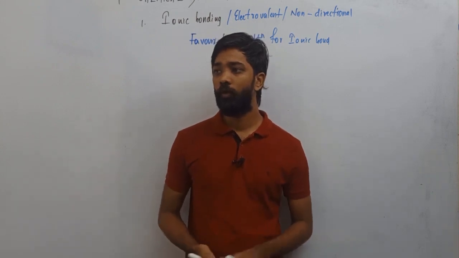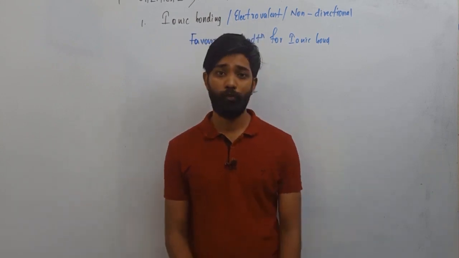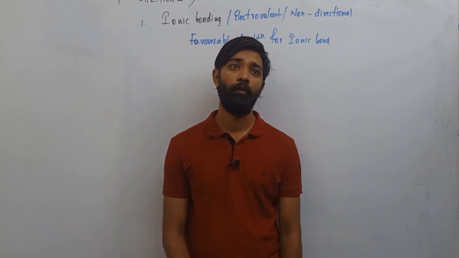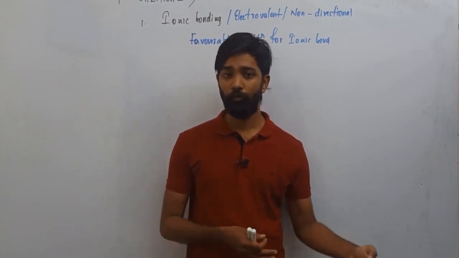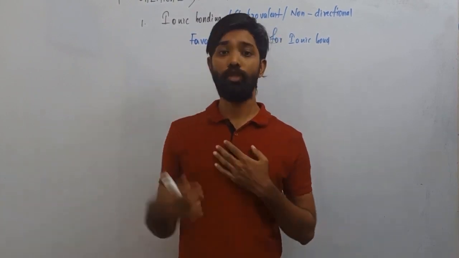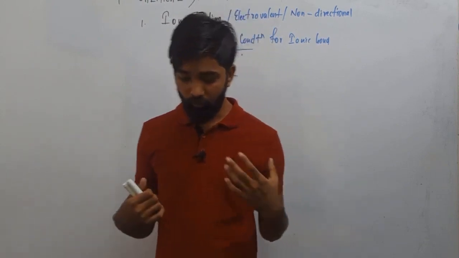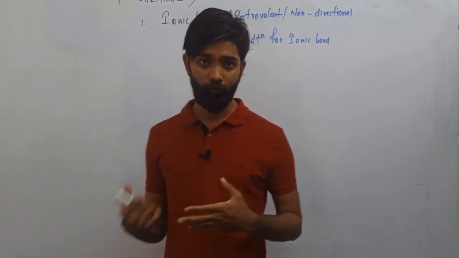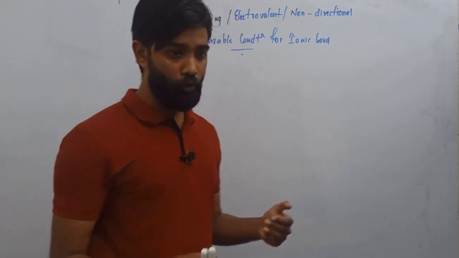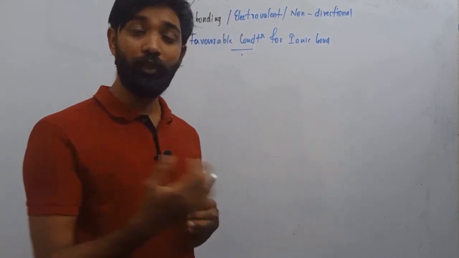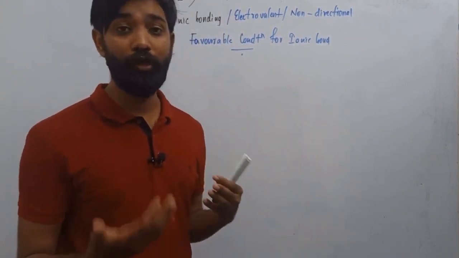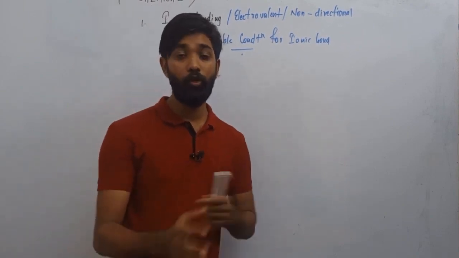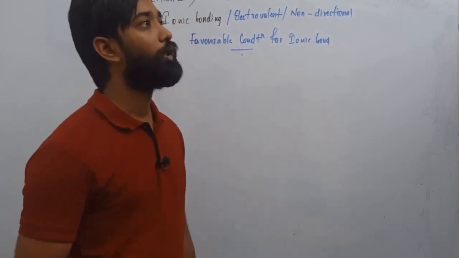Listen, what are the favorable conditions for the formation of an ionic bond? We know that here there is a metal and a non-metal. The metal has a ready tendency to lose electrons. Then only the bond forms more easily. Moreover, if the metal loses electrons, then the non-metal should have a greater tendency to accept that electron. Then only it forms a compound, right?